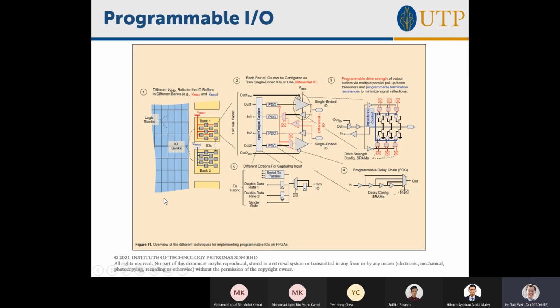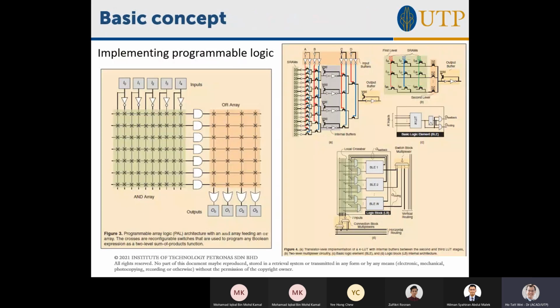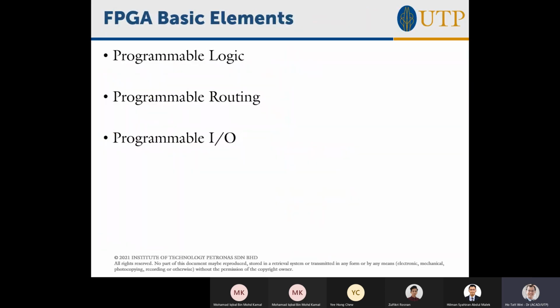Okay, so now I've covered the third aspect, which is the programmability of the I/O. Going back again, just to remind you, FPGAs have 3 basic ways you can program them. You program all 3 of these, but you don't do anything by hand. You specify the RTL file, and the tool does everything. This is what is needed to give you a flexible, programmable digital circuit. By flexible, I don't mean the circuit is changing all the time.